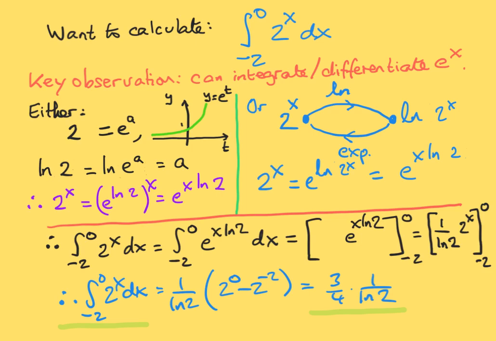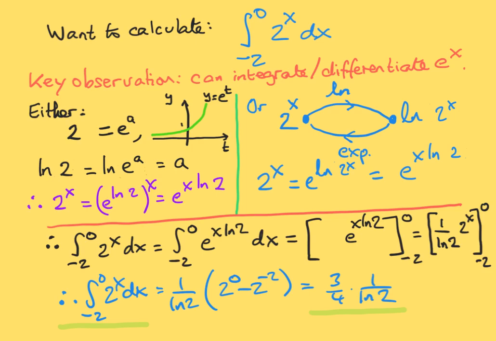And then from the rules for powers, we just multiply these two powers together, and I'm going to put the x in front to make it clear it's not inside the logarithm, it's multiplying the log. So we've been able in this way to write 2 to the x as e to a power of x times a constant. So that's one way of doing it.